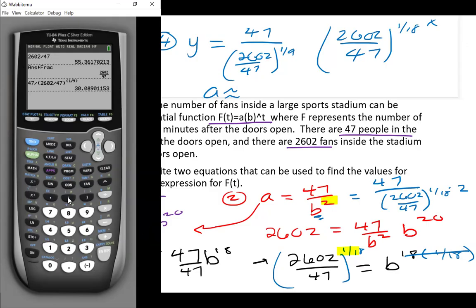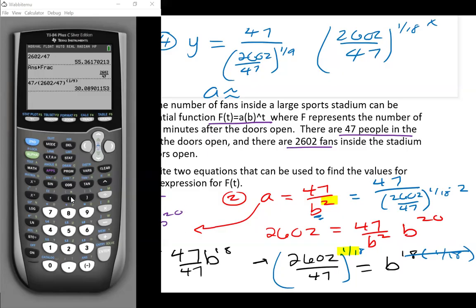We're going to then have our approximate B value. And what am I going to do for the B value? There we go.